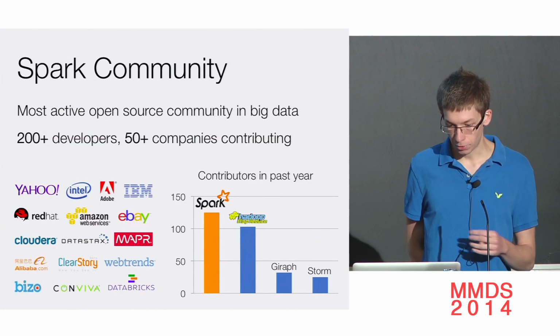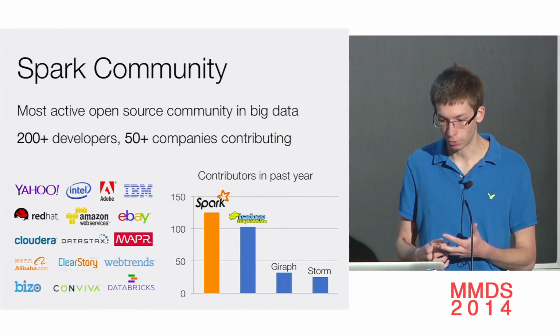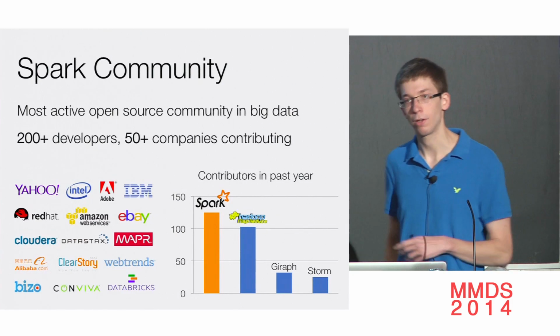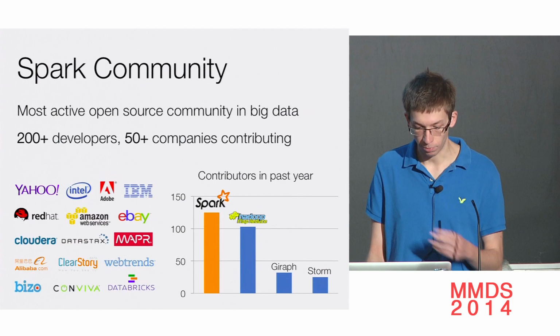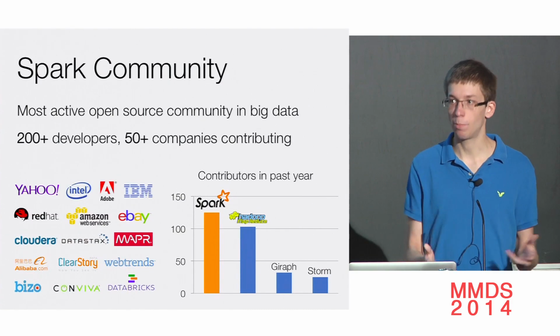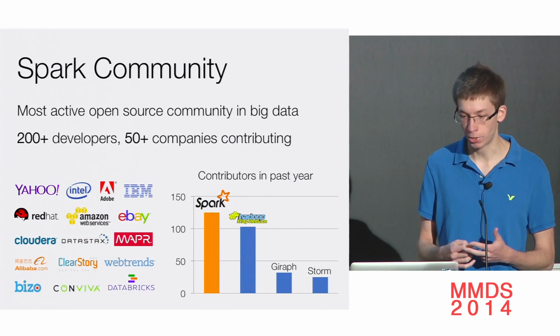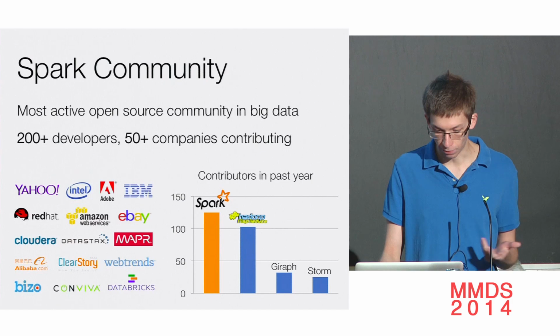So on the open source side, Spark actually has a really active developer community. It's grown a lot over the past few years, and as I said earlier, this year, it's actually become the most active big data community in open source in terms of number of contributors per month, number of patches sent per month, amount of code added per month, stuff like that.